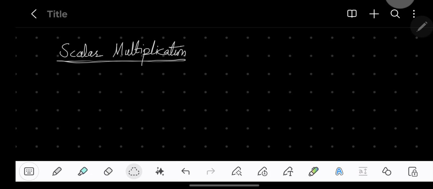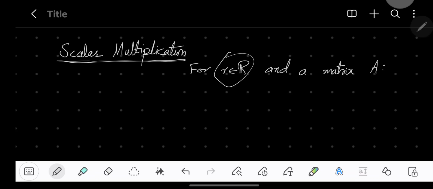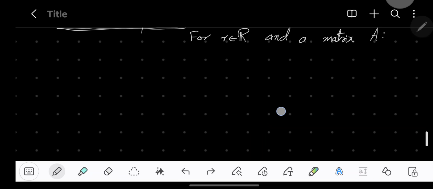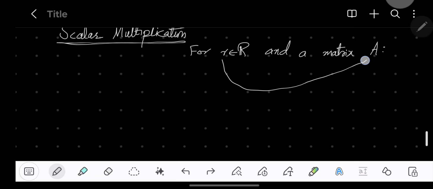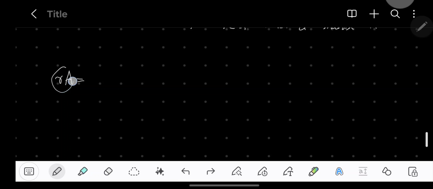Next, you have scalar multiplication. If you have a real number R and a matrix A, then you can multiply this scalar with A, so that R times A is defined where R is the scalar and A is the matrix.